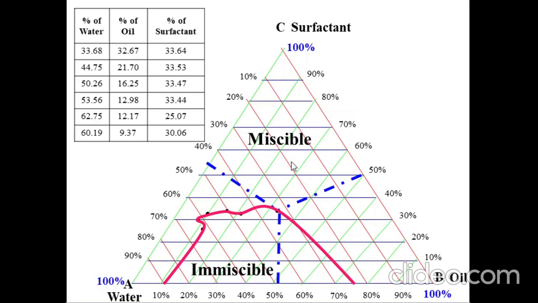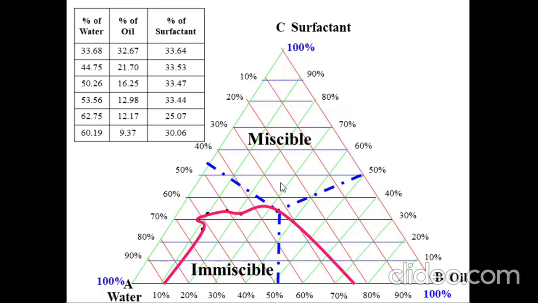Right? So this is how you can understand the exact ratios of the 3 component systems which make immiscible and miscible phases, so that it can be easily adopted in order to extract the biomolecules from the solution.